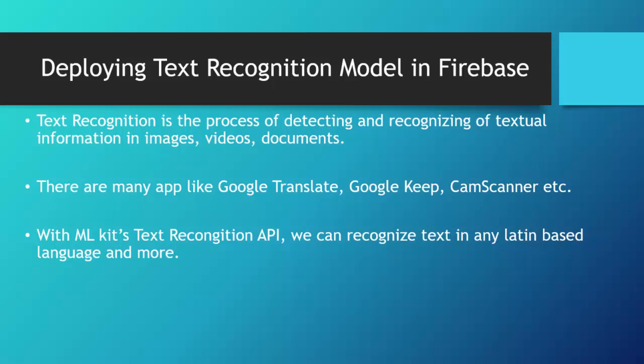If you use the U Dictionary app, it will recognize the text and find the dictionary meaning, which also works with ML Kit. Now ML Kit offers a text recognition API in many languages. Latin, Arabic, Urdu and Chinese are some of the languages supported by text recognition in Firebase. How to deploy this API we will discuss in the next slide.